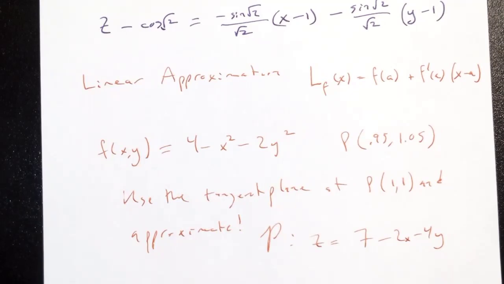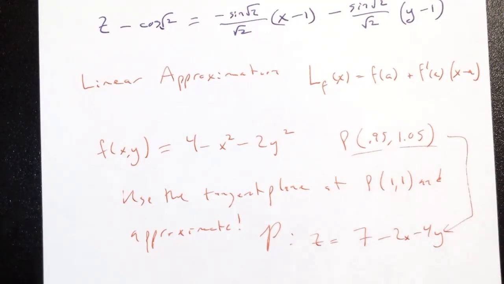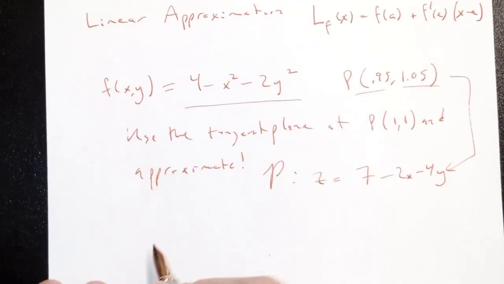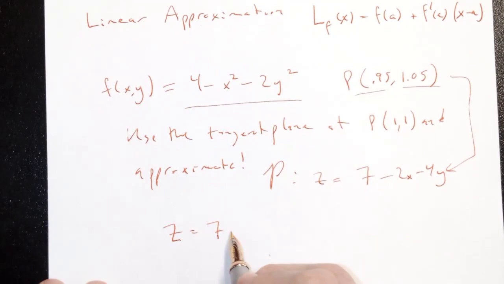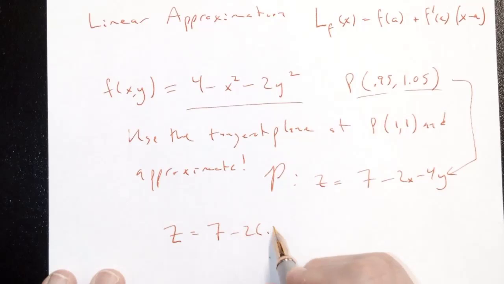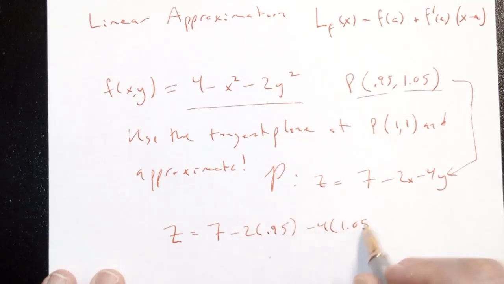Wait a second. I can just put these numbers in here instead of in here. So z equals 7 minus 2 times 0.95 minus 4 times 1.05.